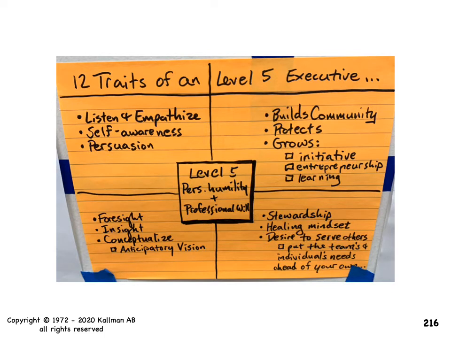So as you're thinking about how can I support my teams, how can I build protected environments for them, how can I build the community that every team needs, just like what was described by those team members that went and did the retrospective with the executive, and he said, this is what I want. Okay, so as a level 5 executive, you need to be able to do these 12 things and maintain your personal humility and maintain your professional will to get everything done.